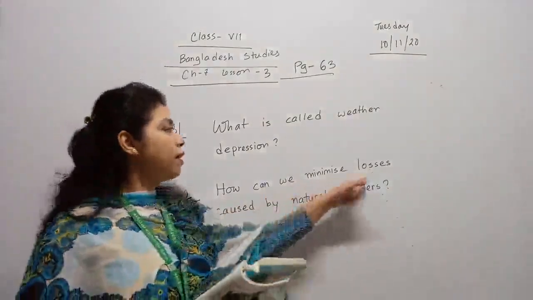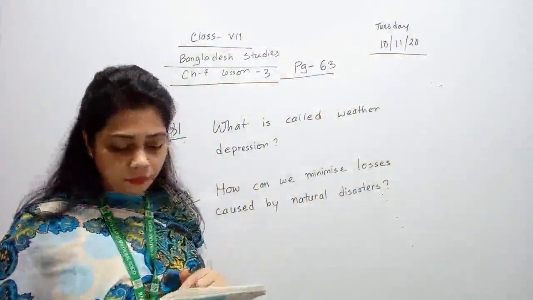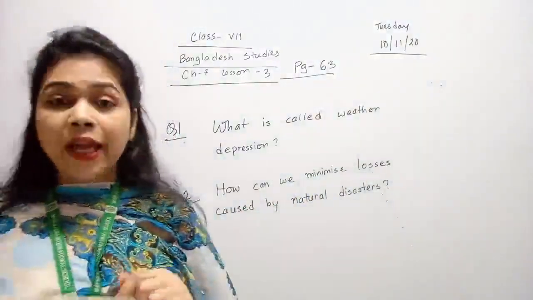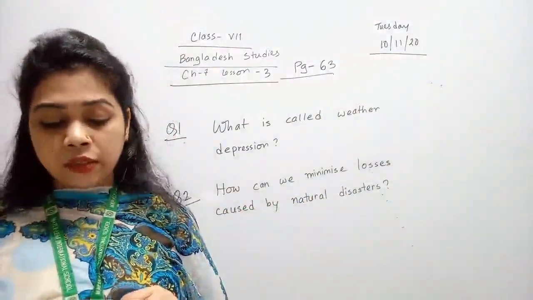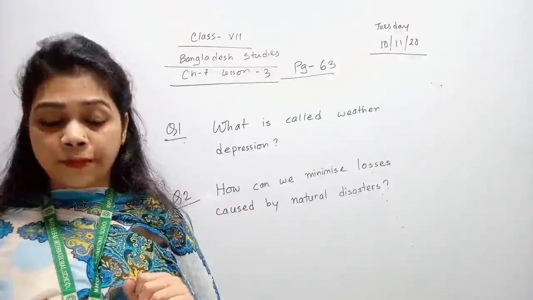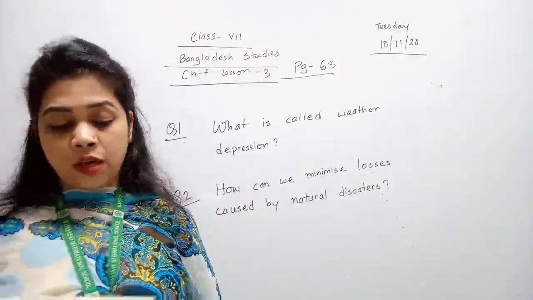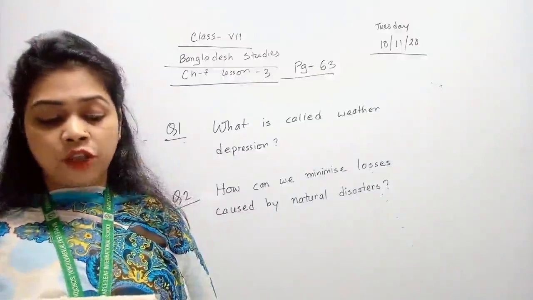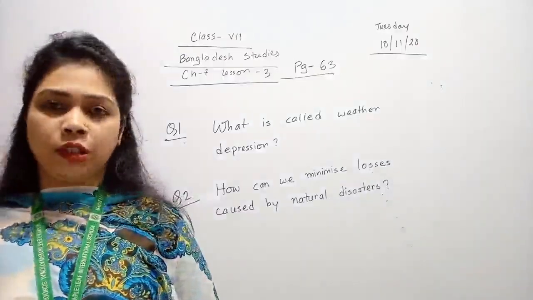How can we minimize losses caused by natural disasters? Third last line. We can minimize losses if we follow the forecasts and take necessary precautions. We can also add, if we follow the forecasts from the meteorological office and take necessary precautions.